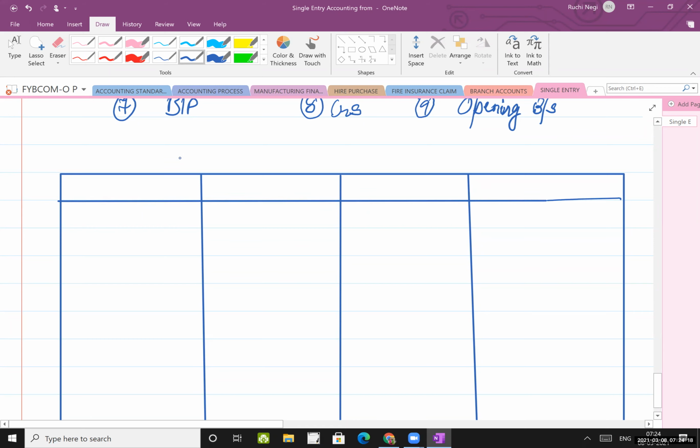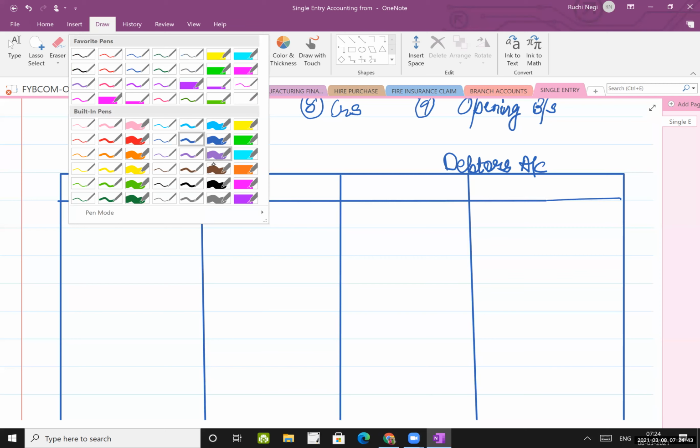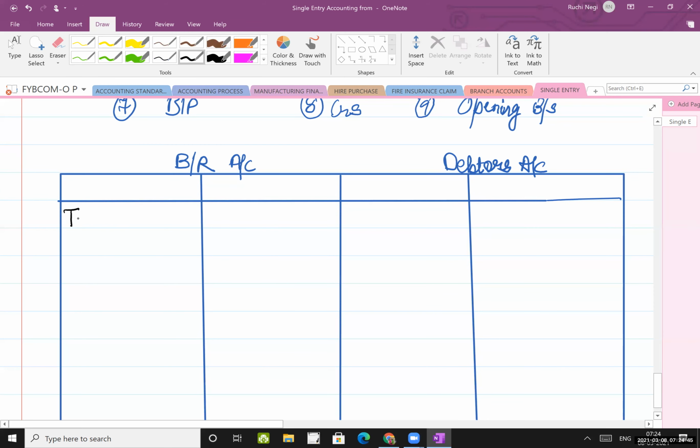So this I am taking as bills receivable and this as debtors, because this will go hand in hand. Debit, credit, debit, credit. To start with, the opening balance. Bills receivable and debtors have a debit balance, right? They are current assets.